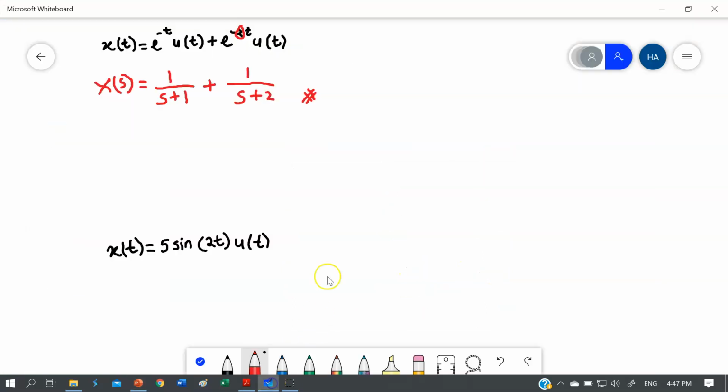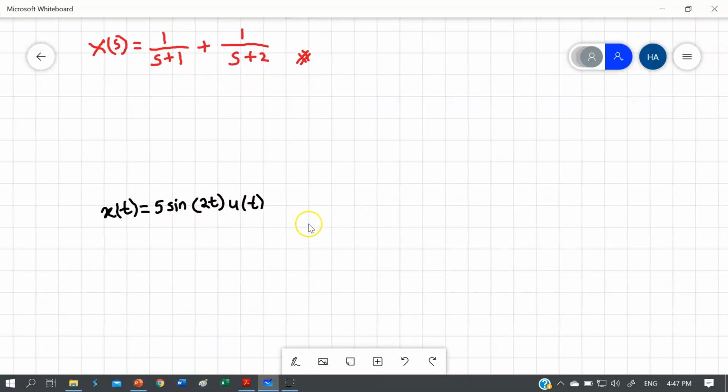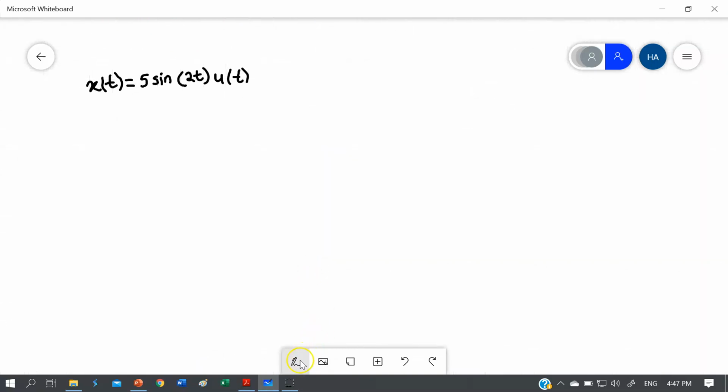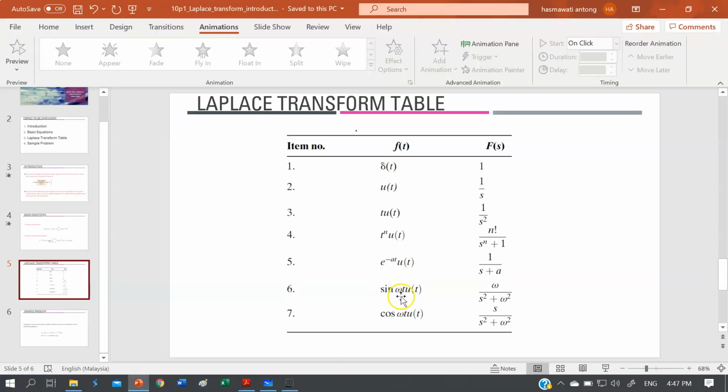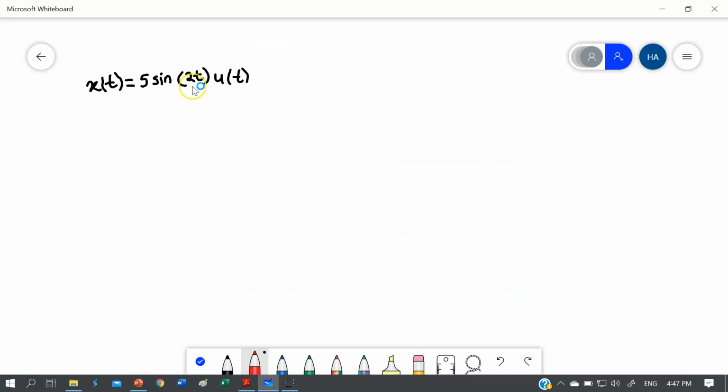For the second question, we have 5 sine 2t u of t. If we refer to the table, for sine omega t u of t, the transform is omega over s squared plus omega squared. Looking at the equation, our omega is 2.